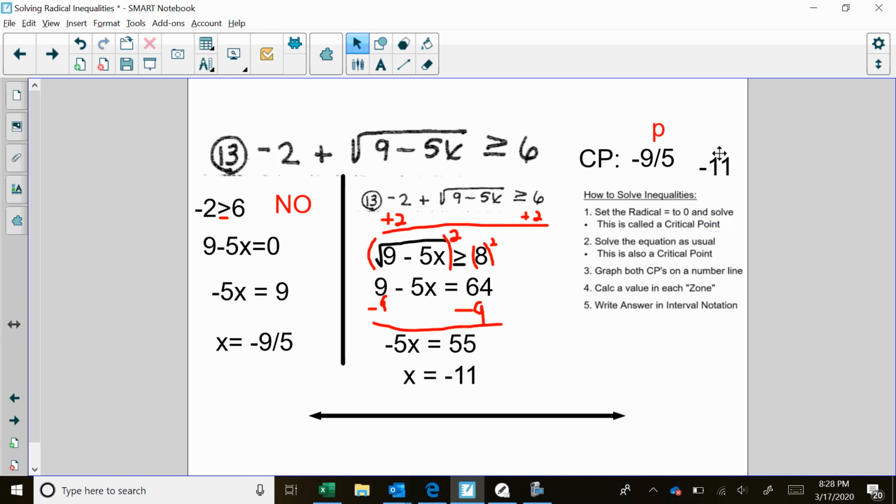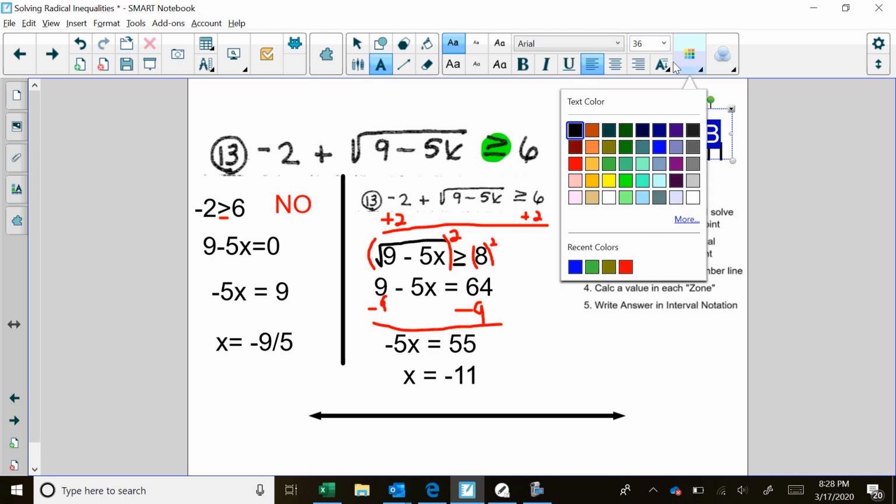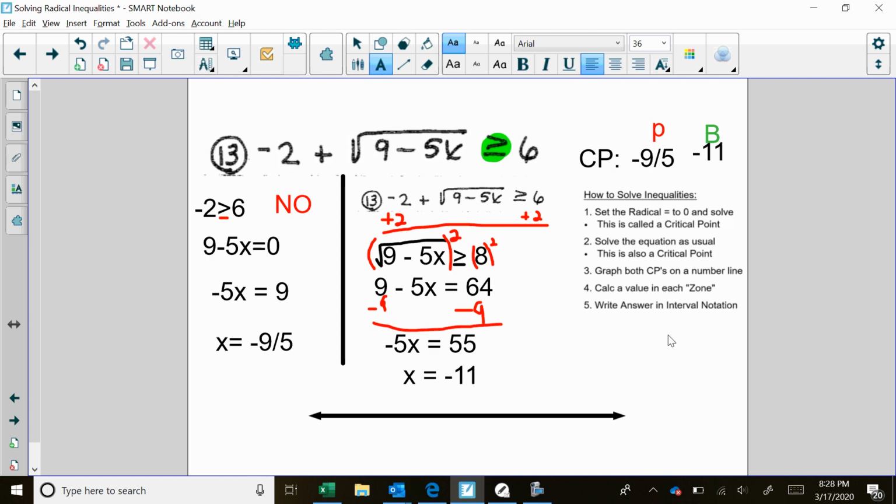Parentheses on this 9/5. So what about this negative 11? Well, negative 11 is going to get an equal to. That means bracket. So we put our negative 11 in our answer, and make sure that it gets a bracket.